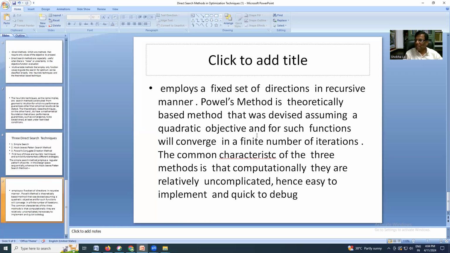I hope it is clear, and this is going to help you to discriminate on the basis of your own understanding that you have learned three different searching methods in the direct search process of optimization technique.